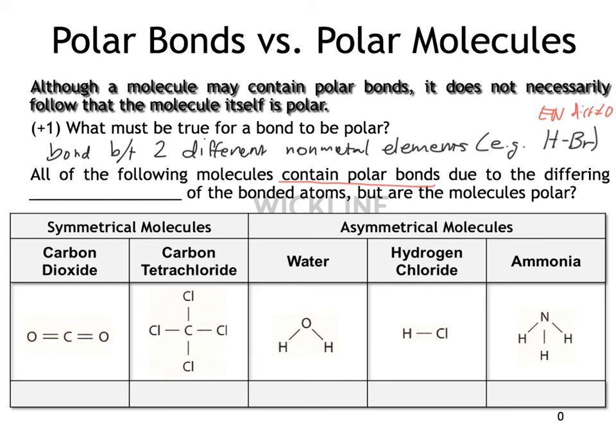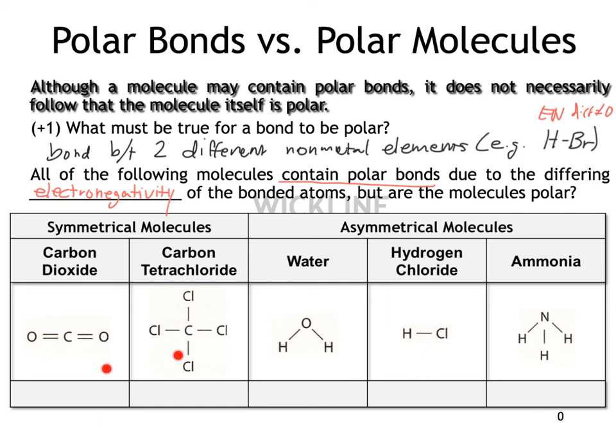You could say it's because it's between two different nonmetal elements, or you could explain that in terms of their differing electronegativities. But are the molecules themselves polar? Don't say yes just yet, because I already warned you up here, just because they contain polar bonds doesn't mean the molecule is polar.